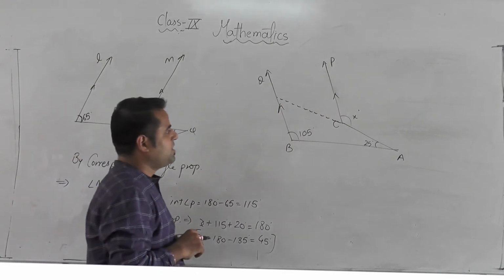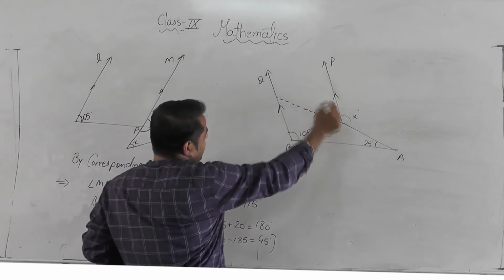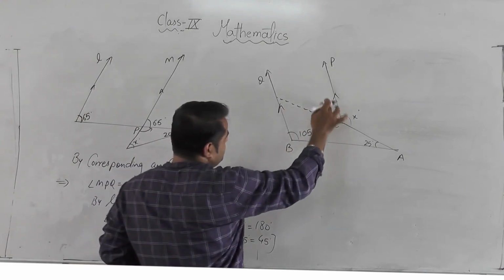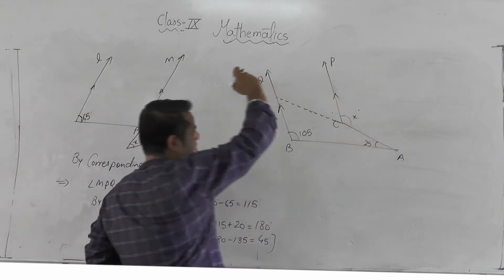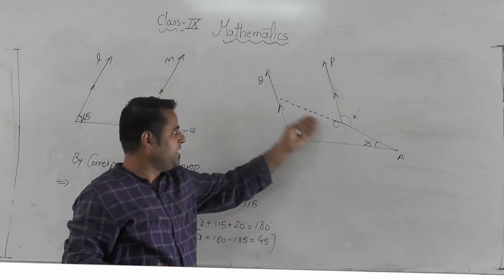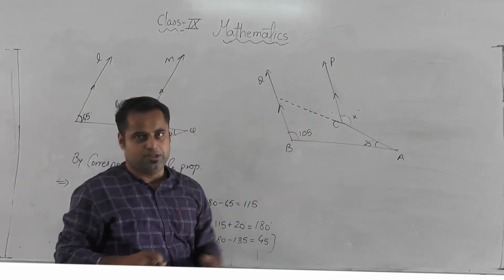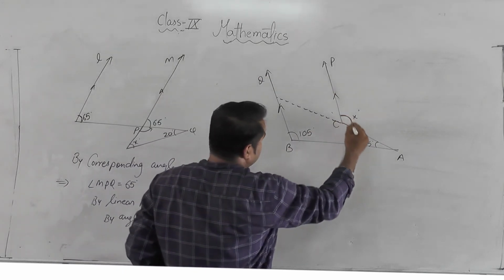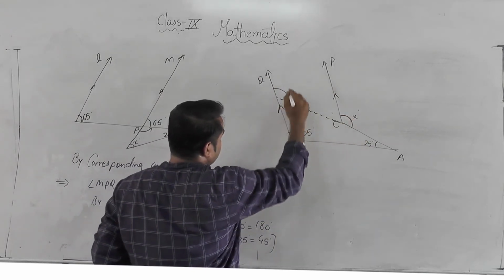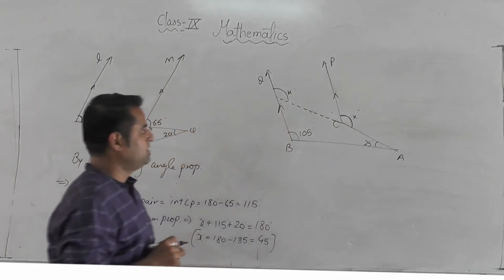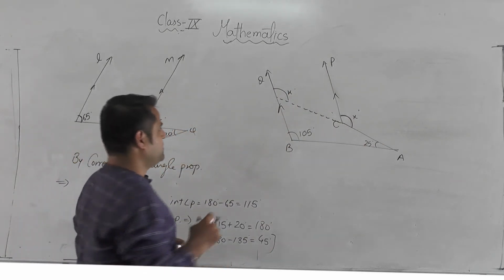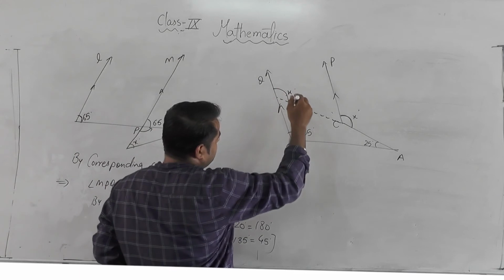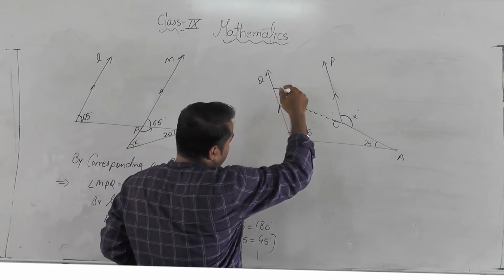Now for these two lines, BC and BQ, the extended AC line will be a transversal. So by corresponding angles, this is also X, equivalent X. Now see, this X we need to find.